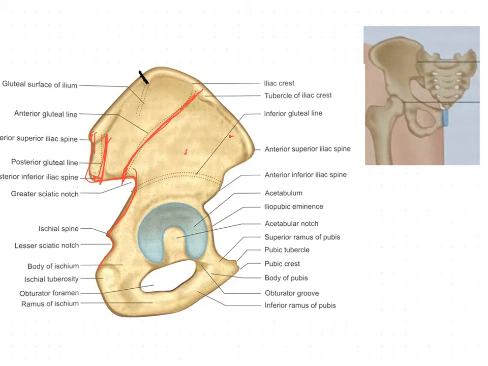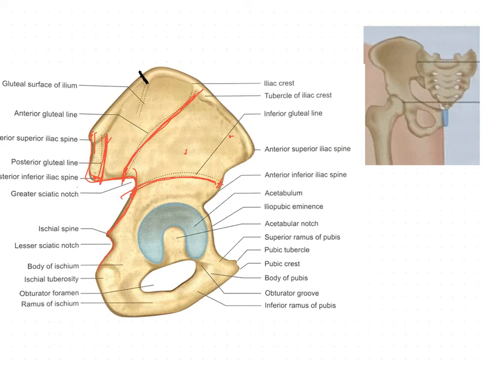Next comes the inferior gluteal line. This is the inferior gluteal line. It is the most ill-defined, so it is not clearly seen in the bone. It begins a little above and behind the anterior inferior iliac spine, and runs backwards and downwards near the apex of the greater sciatic notch.